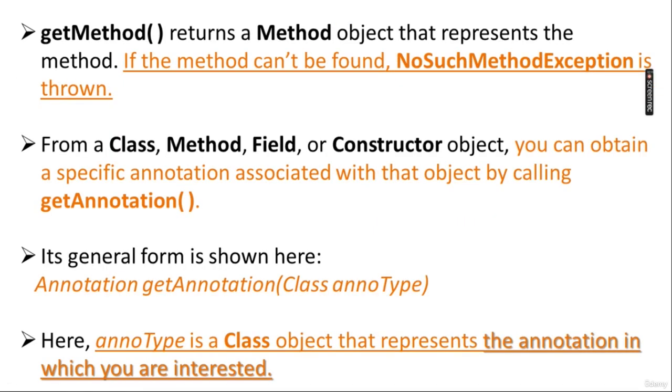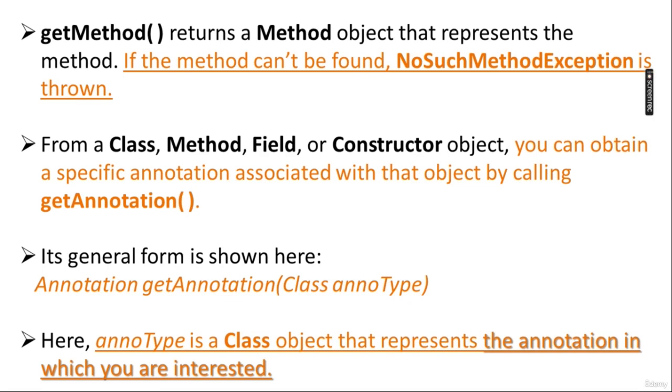getMethod returns a Method object that represents the method. If the method cannot be found, NoSuchMethodException is thrown. From a Method, Field, or Constructor object, you can obtain a specific annotation associated with that object by using the getAnnotation method: Annotation getAnnotation(Class annotationType). Okay, so the class annotation type we will specify in the parentheses. getAnnotation is the method. annotationType is a class object that represents the annotation in which you are interested.